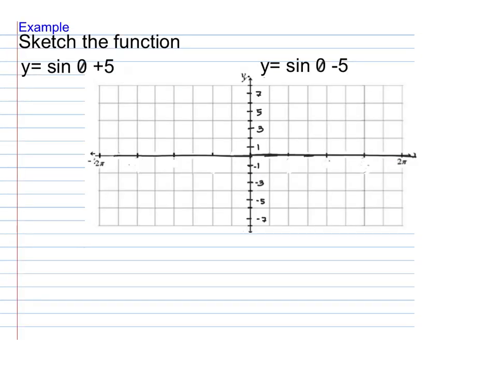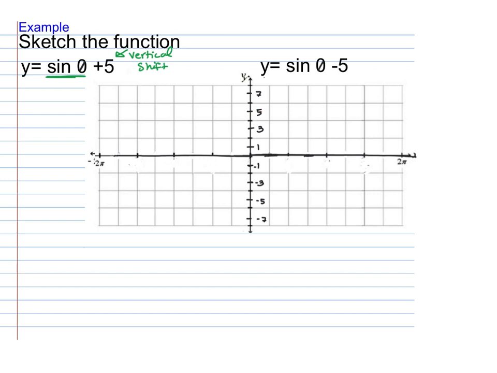So for this equation, if you notice, the sine function is the same. The only difference is that 5. That 5 is basically a vertical shift. And what happens is that it literally shifts your midline. So your midline will no longer be the x-axis anymore. Your midline will be at 5.